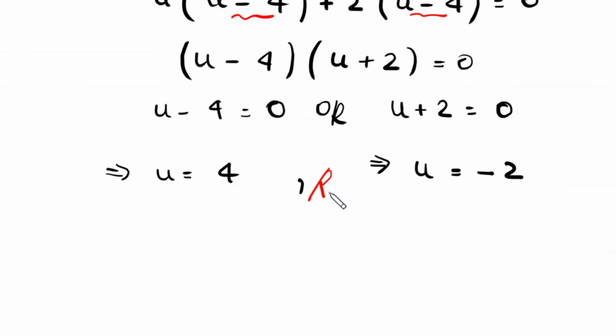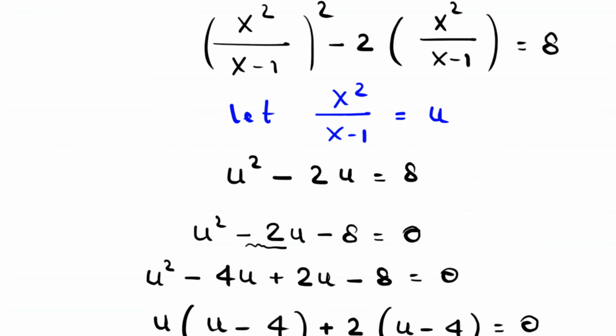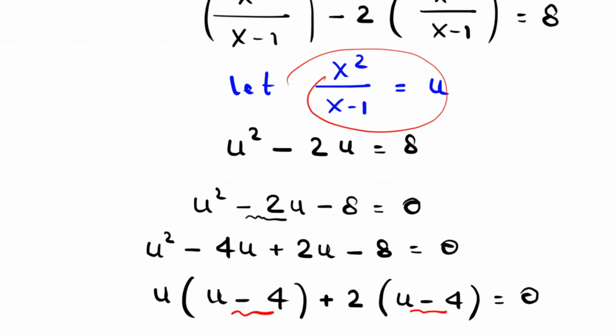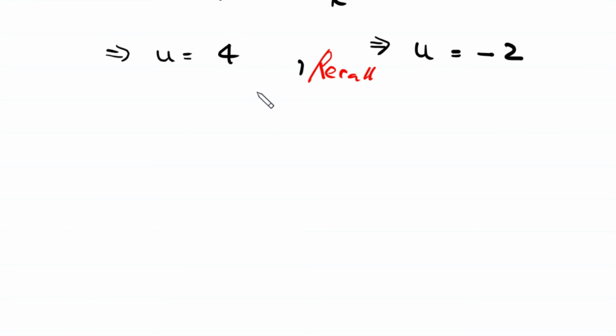Now recall that we have supposed that x squared over (x minus 1) equal to u.